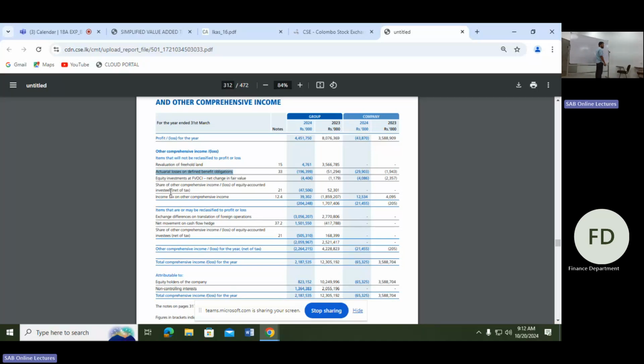From a mango tree you are getting mango, right? From a cow you are getting milk. Likewise, whatever agricultural produce you are getting from biological assets is also covered by LKAS 41. So again, it should be valued at fair value less cost to sell.